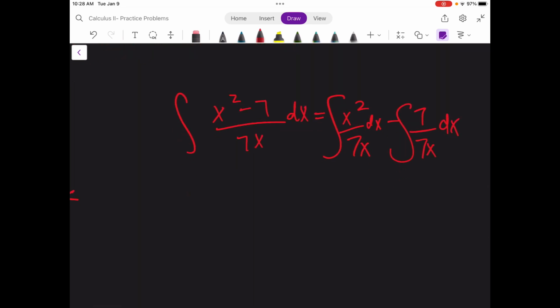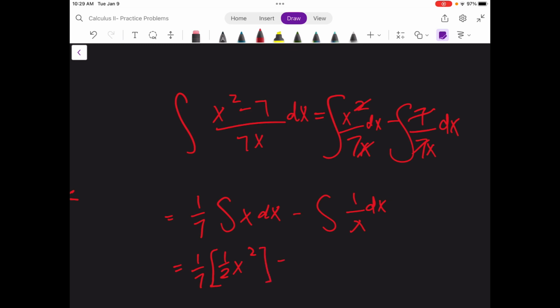Now, the first one, we don't even need a u sub. We can just cancel one x on top and one on the bottom and take out the 1/7 constant, leaving us with just an x dx. And the second integral, when you cancel the 7's, is going to leave you with just 1 over x dx. Finally, we'll do a power rule on the first one, where we add 1 to the exponent and multiply by the reciprocal of that number.